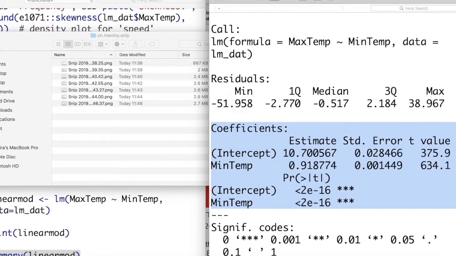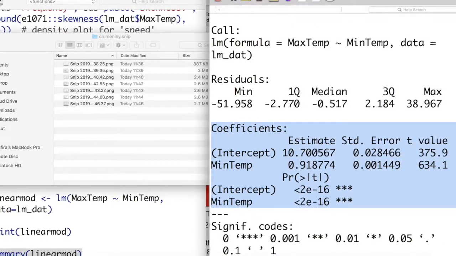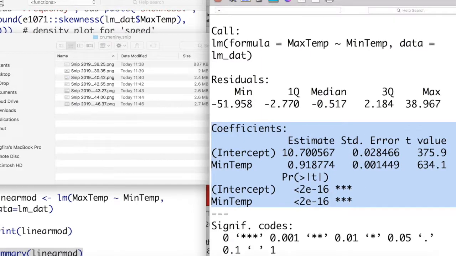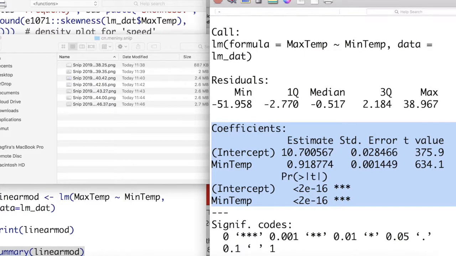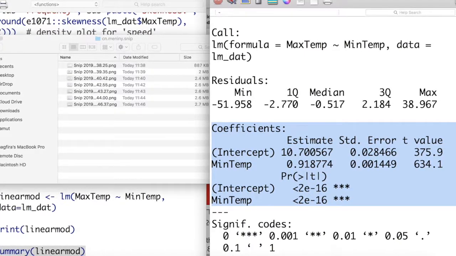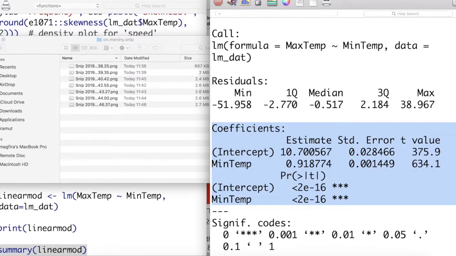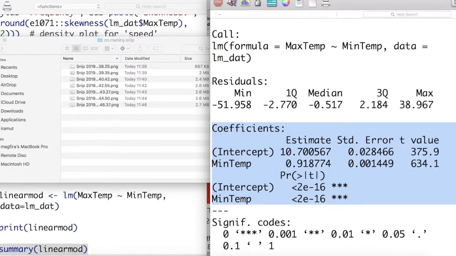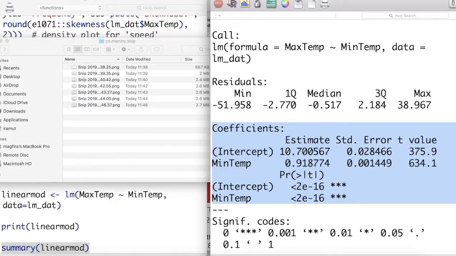The p-value is the probability that you get a t-value as high or higher than the observed value when the null hypothesis, that the beta coefficient is equal to 0 or there is no relationship, is true. So if the p-value is low, the coefficients are significant, and if the p-value is high, the coefficients are not significant.